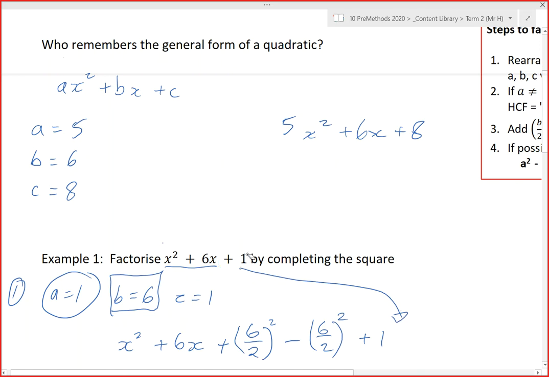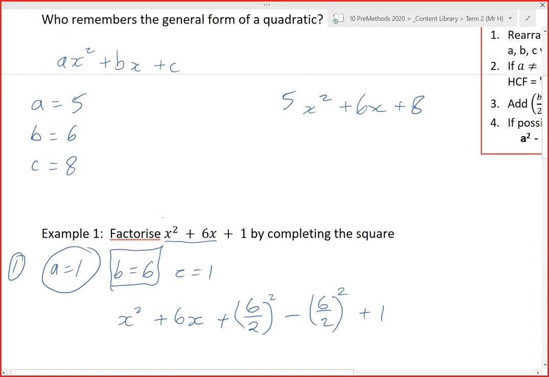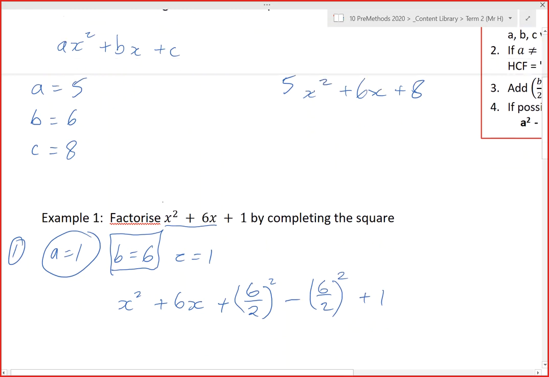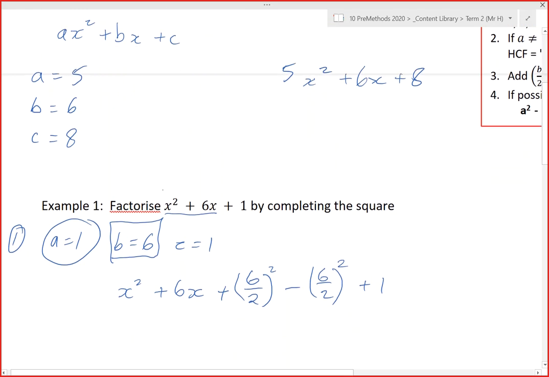Okay, so you're probably very, very confused why we do that. So listening carefully. We're trying to make the quadratic into a nice A plus B squared form.